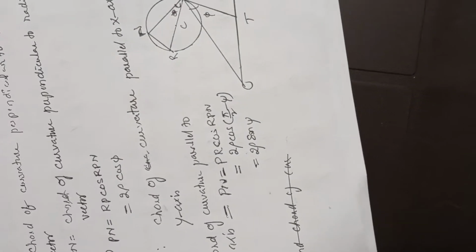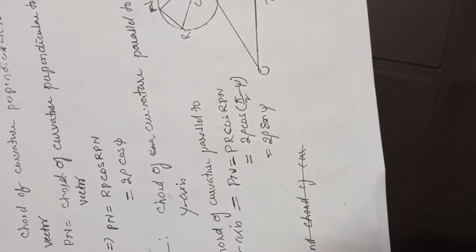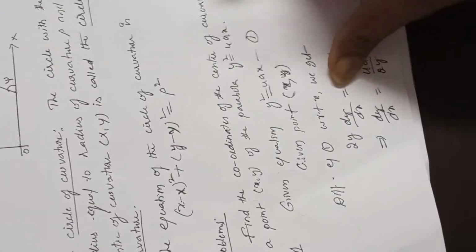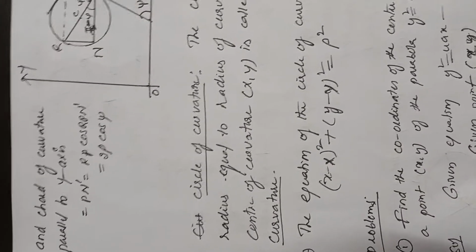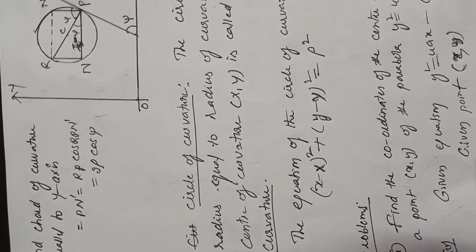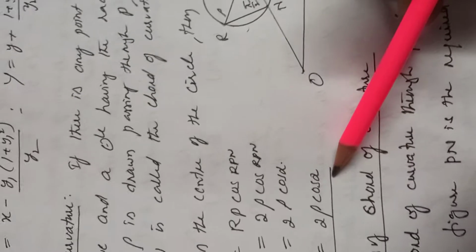If it is parallel to x-axis, that is equal to 2 rho sine xi, and the Cardock curvature parallel to y-axis is equal to 2 rho cos xi. Right? Just you have to write those cases, that's it. Now you have to remember only one formula, that is Cardock curvature is equal to 2 into rho into cos xi. This is a very important one.